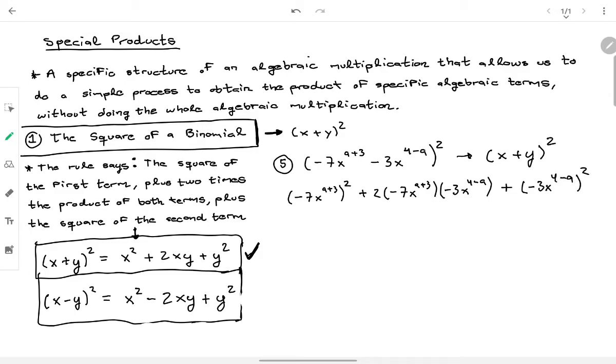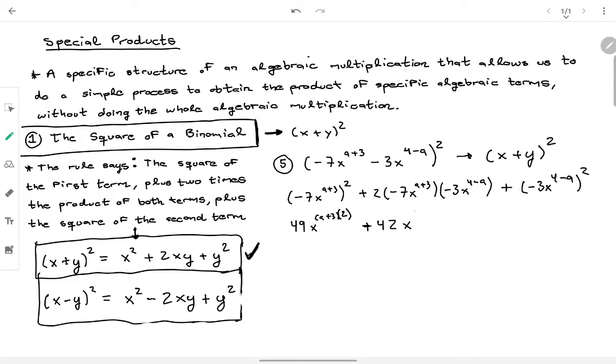So the final answer is going to be negative multiplied by negative, it's positive, so it's going to be 7 squared is 49. It's going to be x to the a plus 3 multiplied by 2. I know you can do it by mind, but I will do it with the steps. Then it's going to be plus, multiplied by minus is minus, multiplied by minus it's plus, so it's going to be plus. 7 times 3 is 21, times 2 is 42.